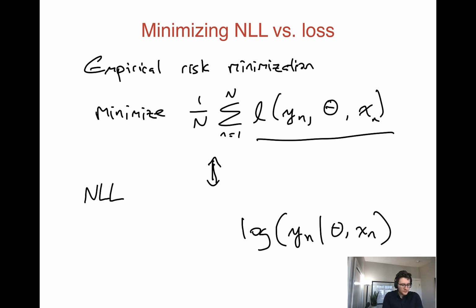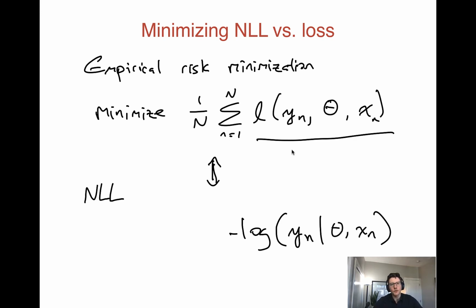In particular, empirical risk minimization is just a special case of negative log likelihood where we've chosen this specific loss function. Or vice versa, our log likelihood estimation is just a special case of empirical risk minimization, where we've chosen our loss to be the log likelihood. By the way, we need a negative sign here.